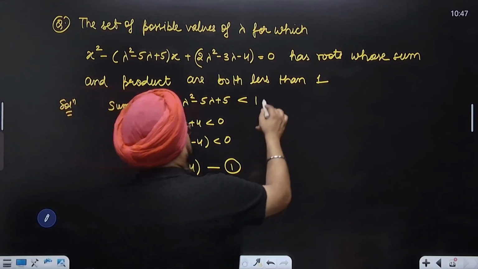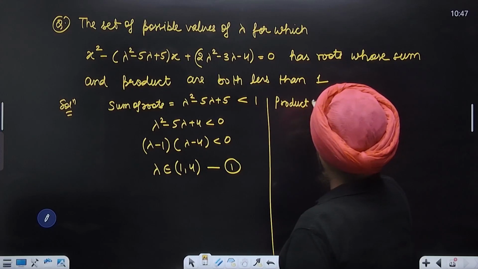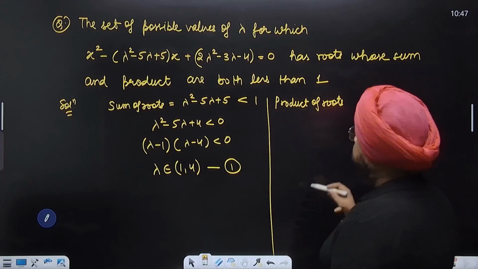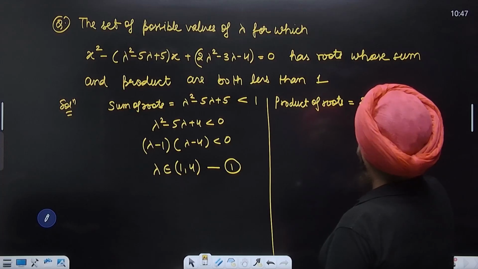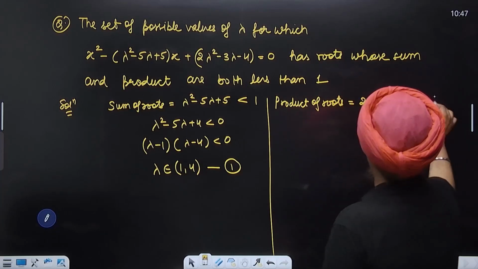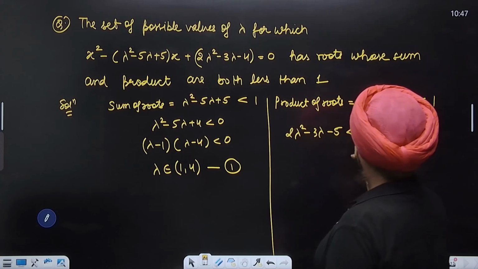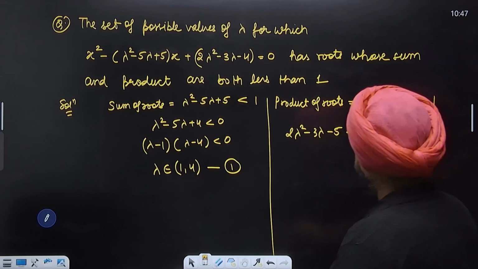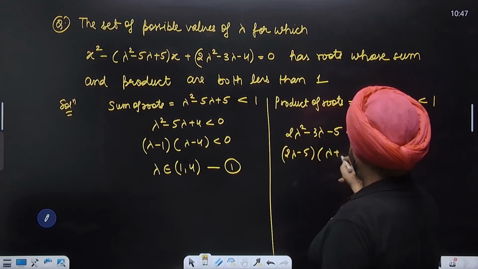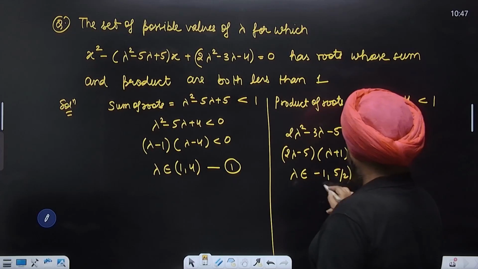Now the product of roots. Product of roots is c by a. This is also less than 1. The factors will be 2 lambda minus 5 into lambda plus 1 less than 0, so lambda lies from minus 1 to 5 by 2.